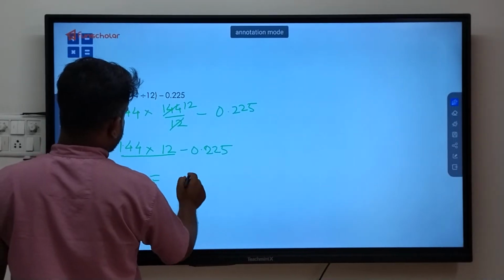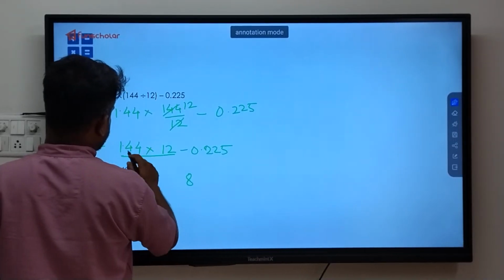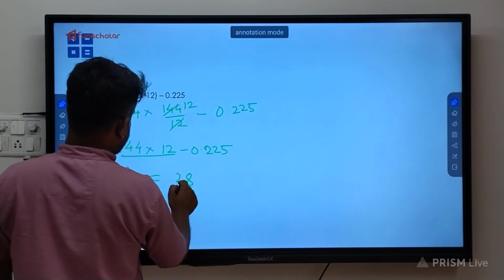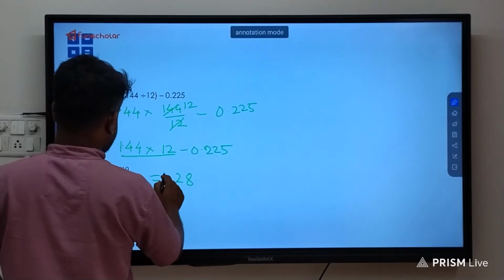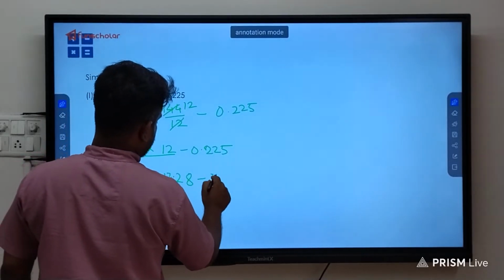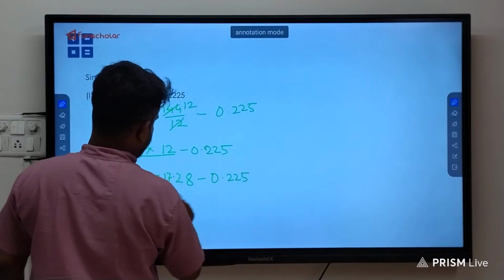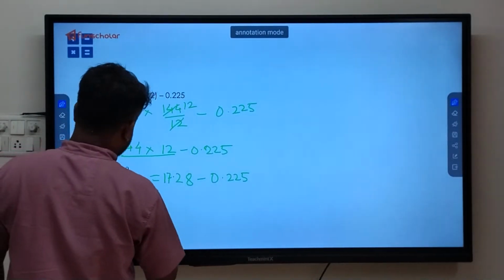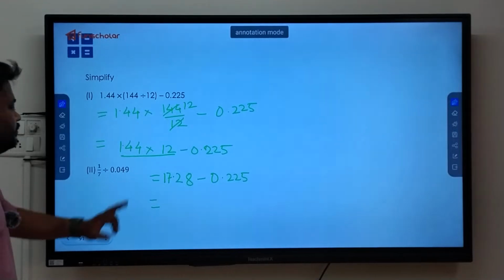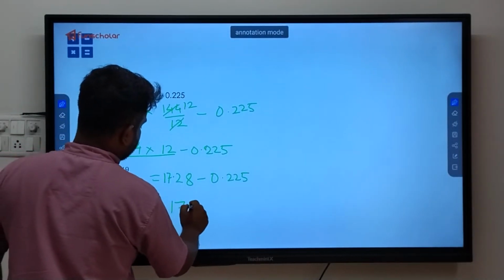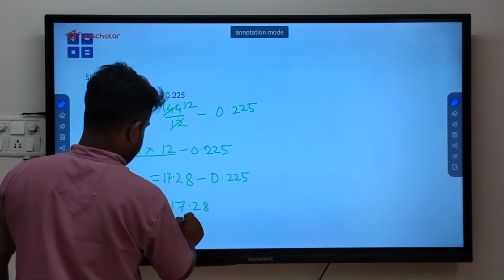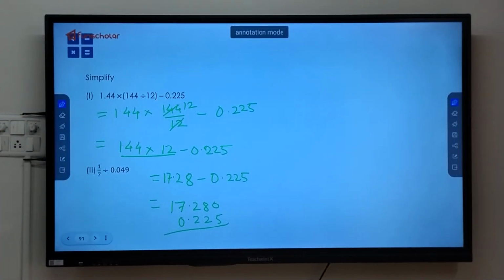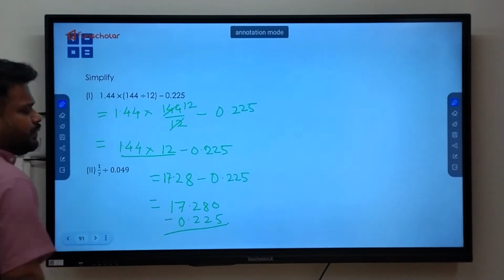So the answer will be, okay, it will be like this, and then the rest you can just solve like this. Okay, and this one you can do at home.